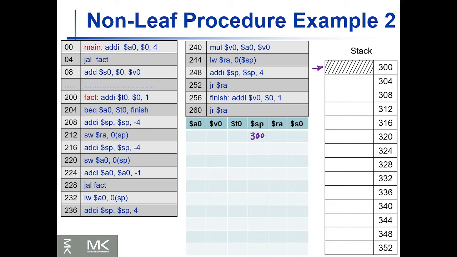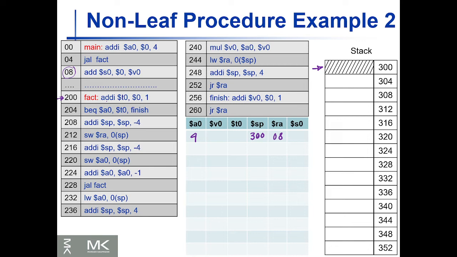Okay, let's go line by line here. We're gonna calculate factorial of 4. So add A0, 0 and 4, so A0 becomes 4. Jump and link to fact, so we're gonna go here. This is jump and link, so we're gonna set RA to the following address which is 08. So RA will be 08.